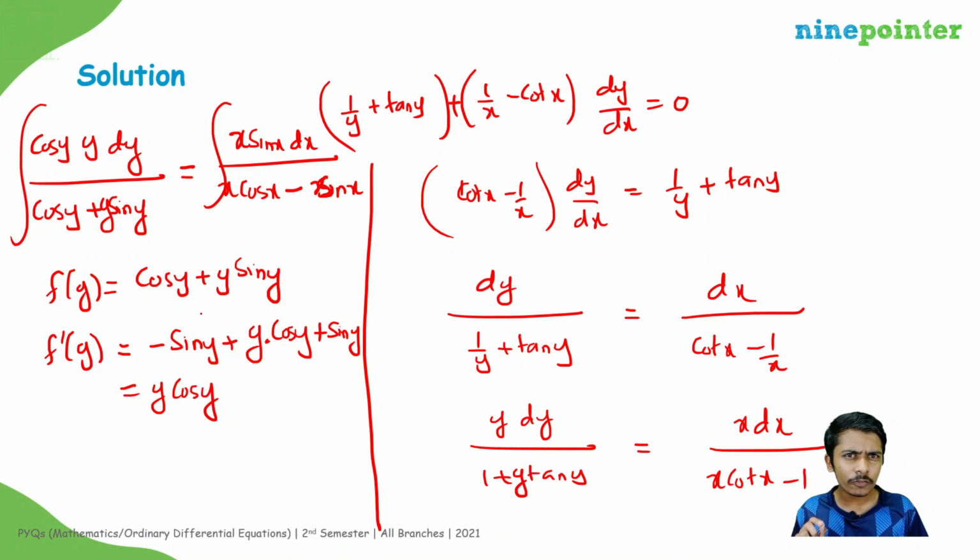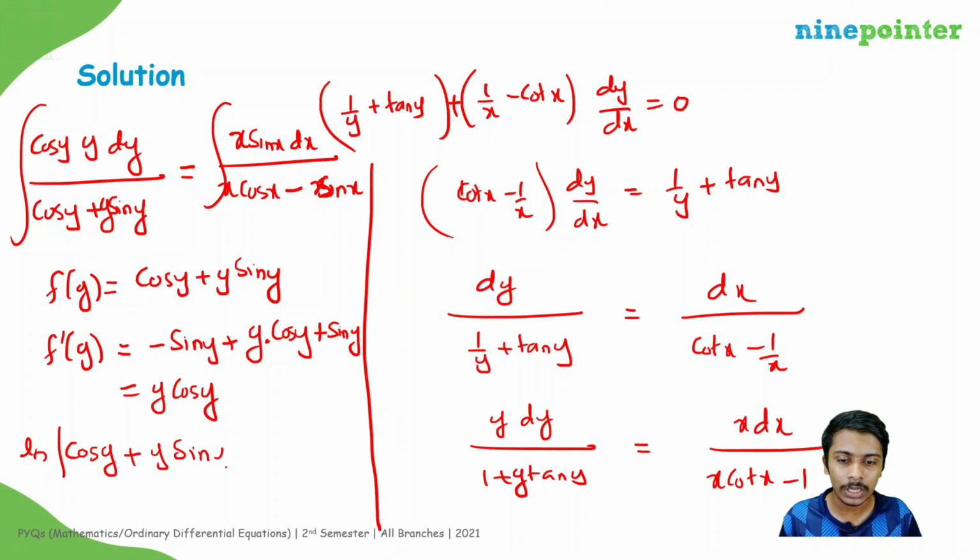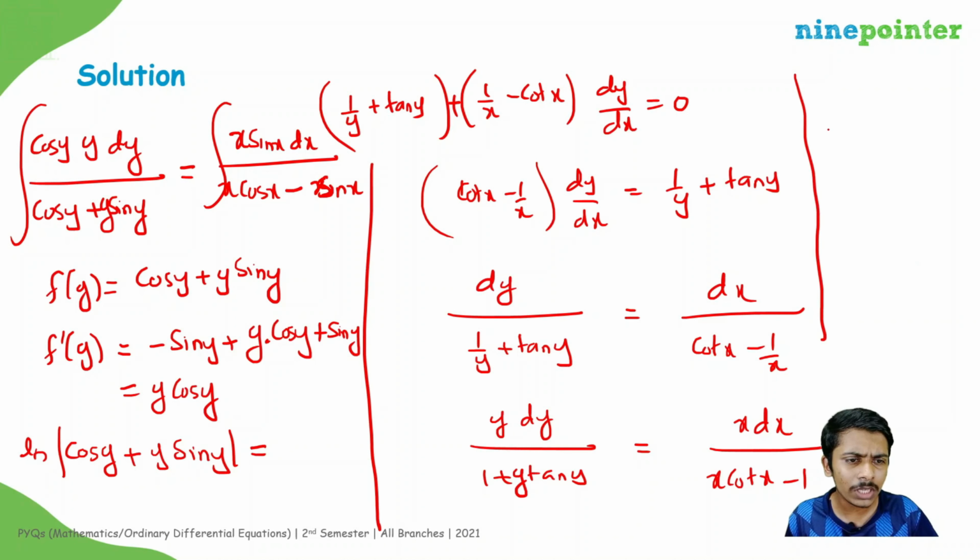So this is of the form integral of f prime divided by f. We know the answer for that integral would be log mod f, or log mod denominator, which will be log |cos y + y sin y|. How can we integrate the second part? Let's try the same technique. It should work probably. So f(x) = x cos x - sin x.